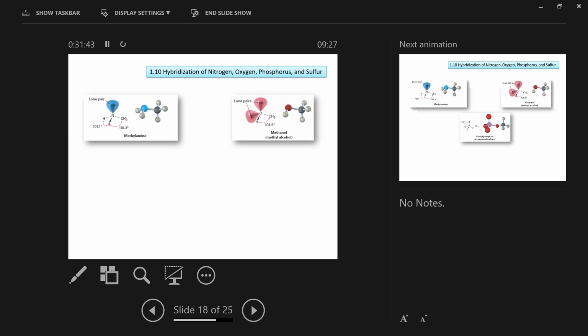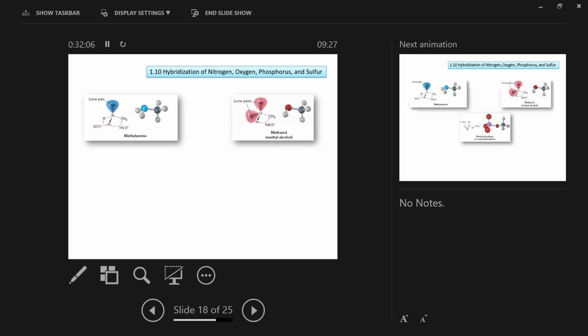Okay, and we do the same as with the carbon. The only difference is that because the pair of electrons is bigger and more electronegative than a bond, the angle is a little bit higher or lower, depending on how you consider.